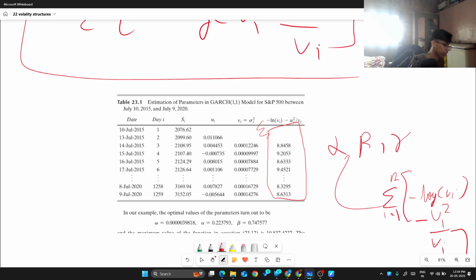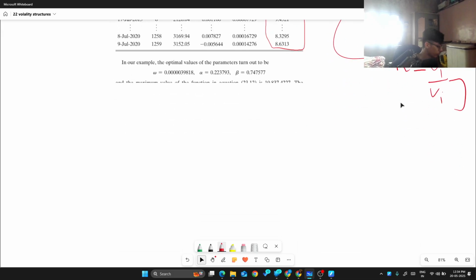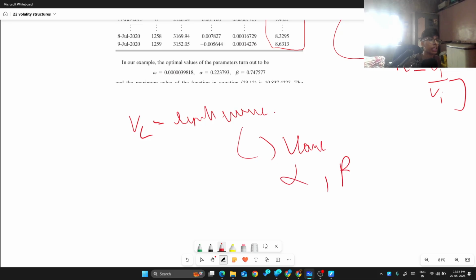Another way to estimate volatility is to choose V_L equal to the sample variance, then calculate the variance, with alpha and beta as random parameters, such that omega equals V_L times 1 minus alpha minus beta.